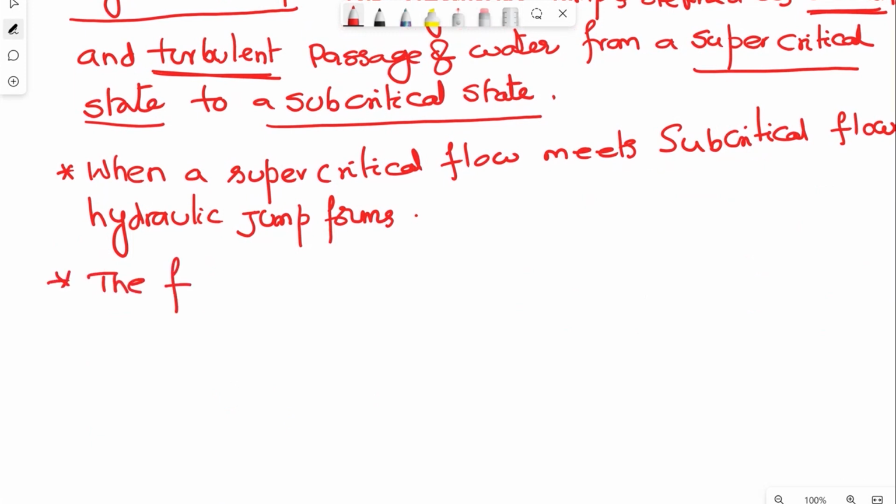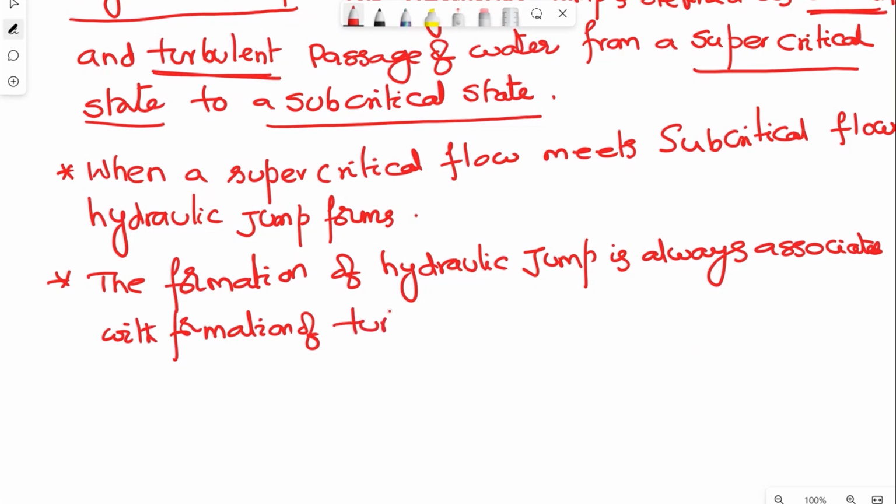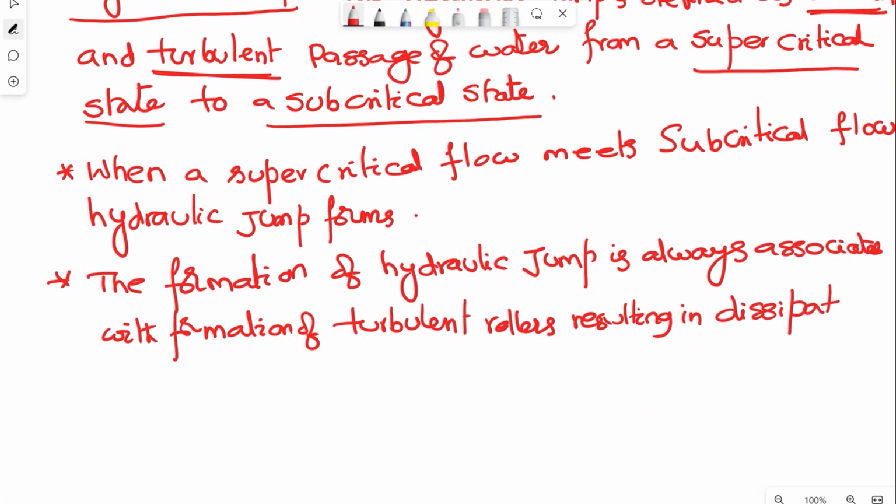The formation of a hydraulic jump is always associated with the formation of turbulent rollers, resulting in dissipation of energy. This is the first thing.